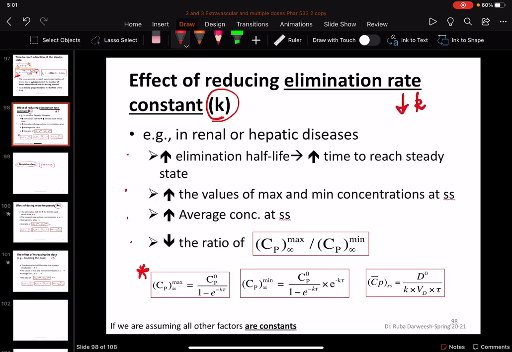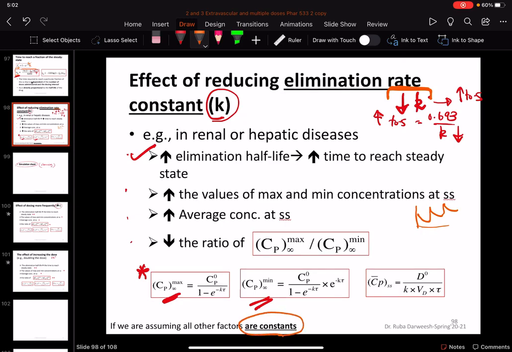If we decrease K, it means that the half-life would increase, because 0.693 over K equals half-life, right? So if this is decreasing, this is by default increasing. Okay? So this is the first one. What about C max at steady state and C minimum at steady state? You can use common sense. If K is decreasing, which means the elimination rate constant is decreasing, what would be the effect on the profile, if we are not changing anything other than K?